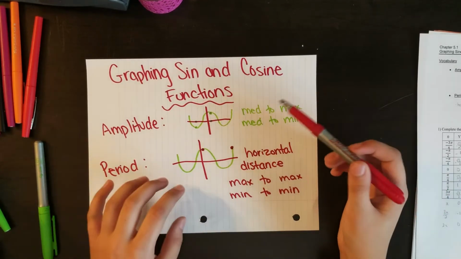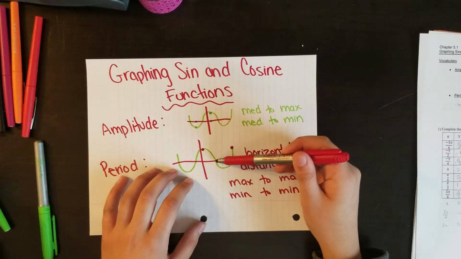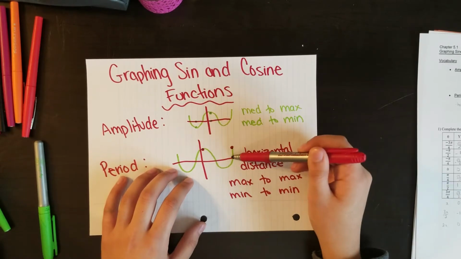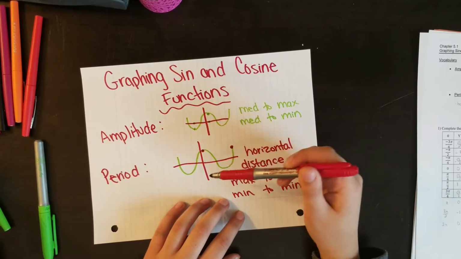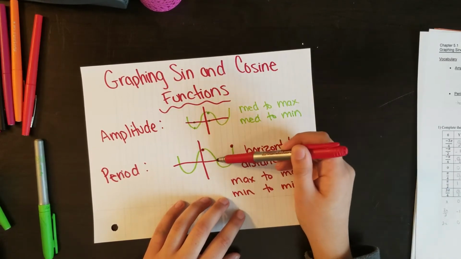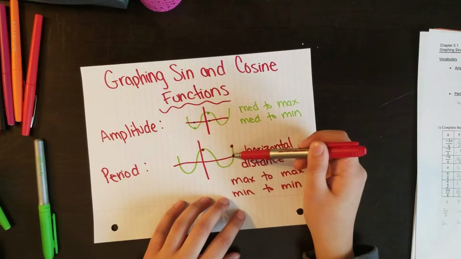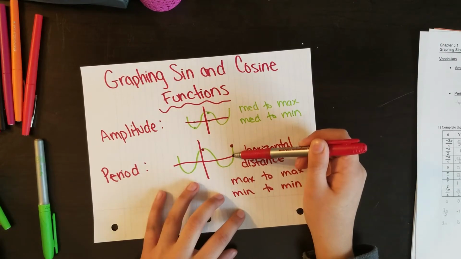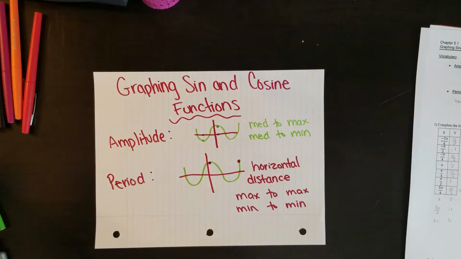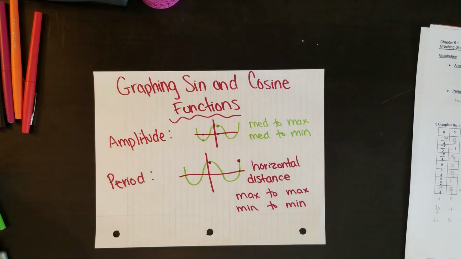But if you were going to measure from a median point, so let's say this point, you can't just stop here, go from here to here and call that your period. You have to go 3 median points. So you'd have to go 1 median, 2 median, and 3 median. And then from there to there, that would be your entire period. The easy way to go is max to max or min to min. So now that we know that, we're going to jump into graphing a sine function.